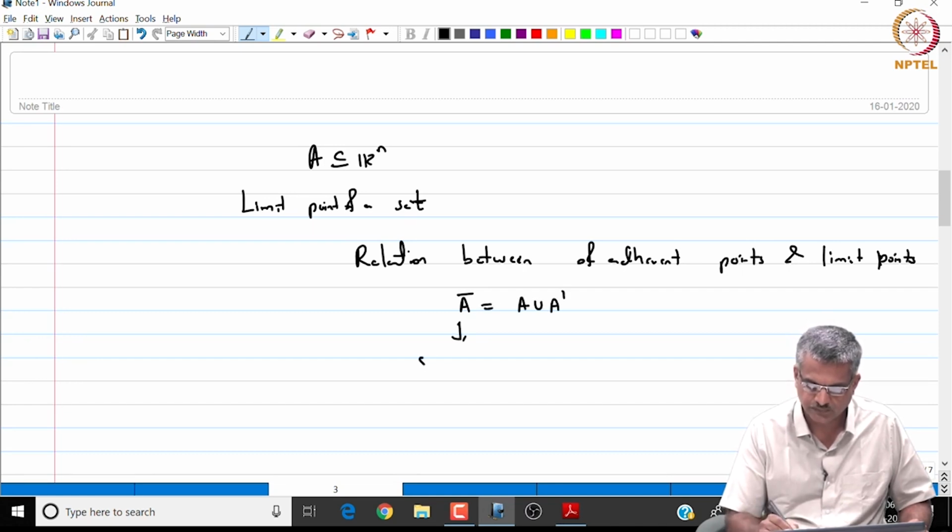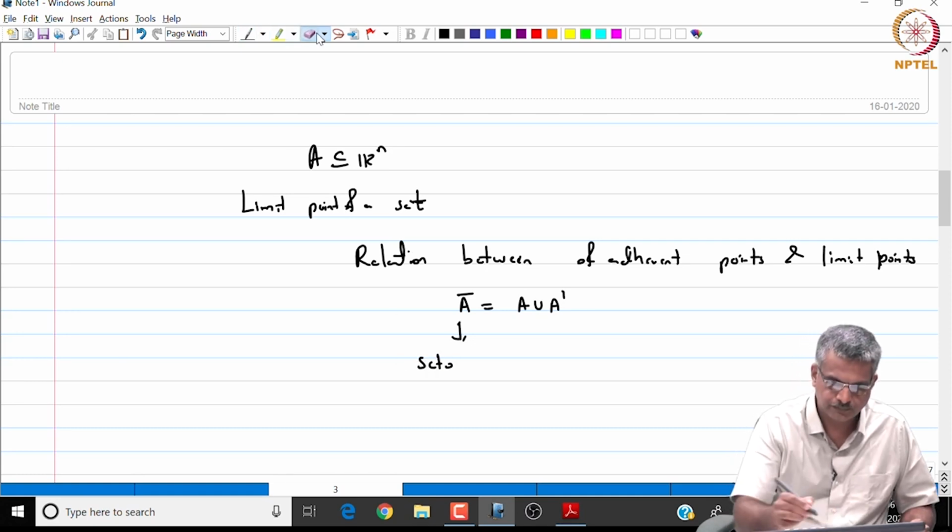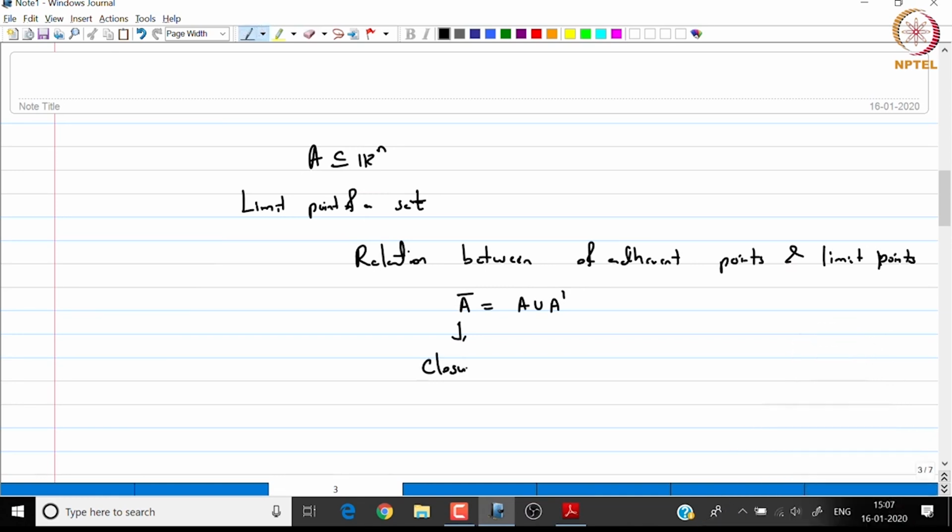This is the closure of A, and this is the set of limit points of A, or the set of all adherent points.